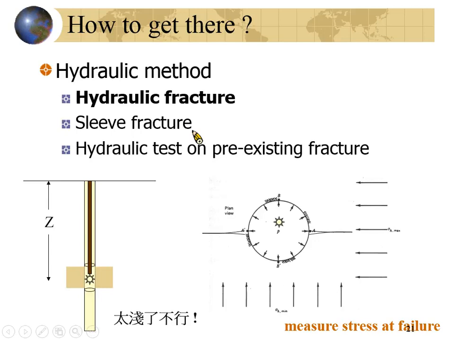If you have the minimum principal stress in the vertical direction, then your fracture will be the horizontal fracture. Can you understand? The rock will fail following the lowest resistance. If the vertical stress is the minimum principal stress, then you will have horizontal fractures, because it will be the easiest to generate fractures. Can you understand?